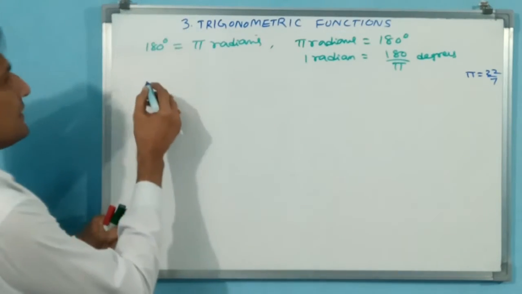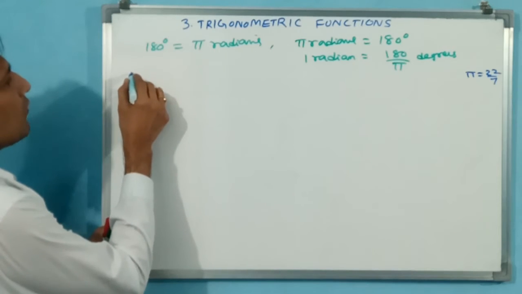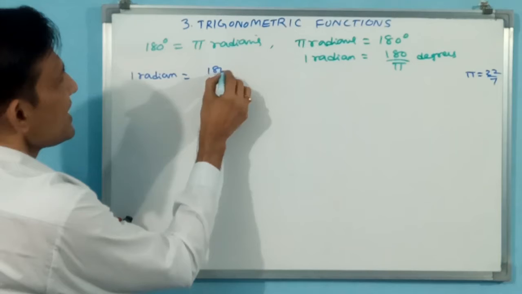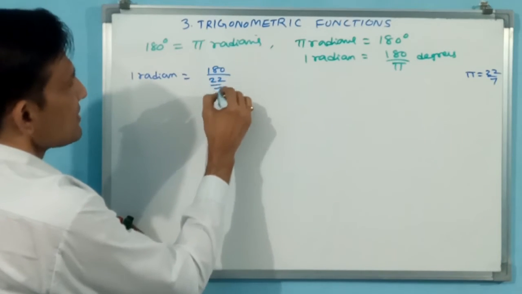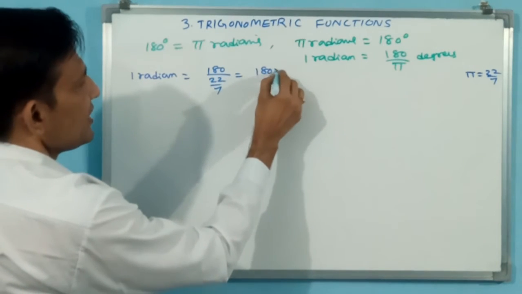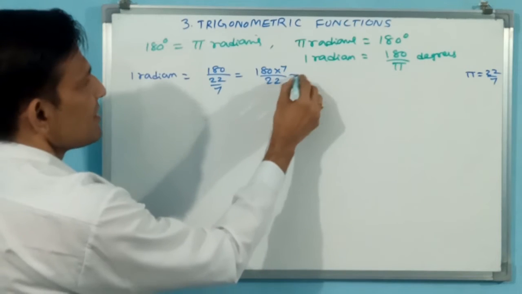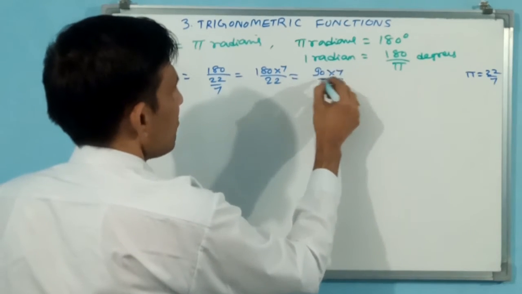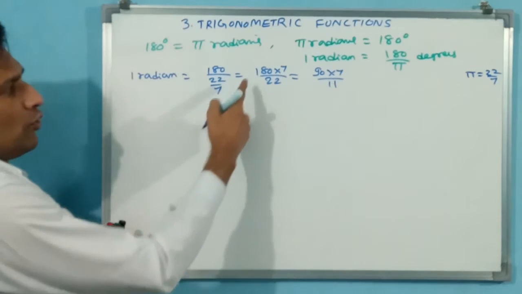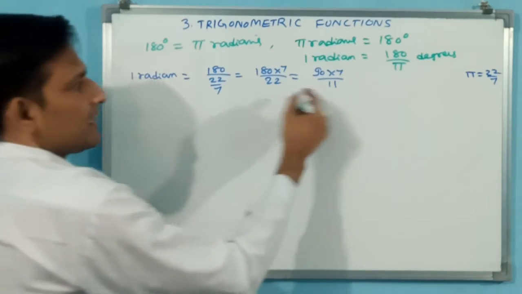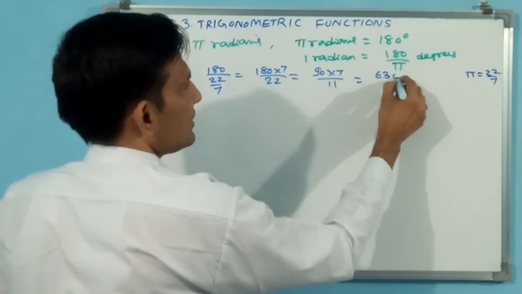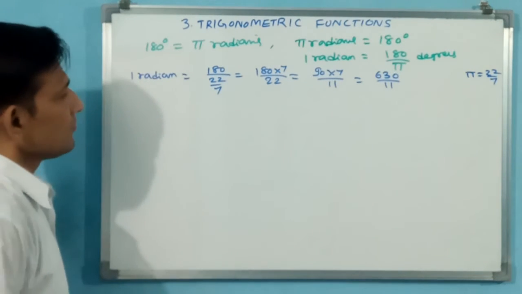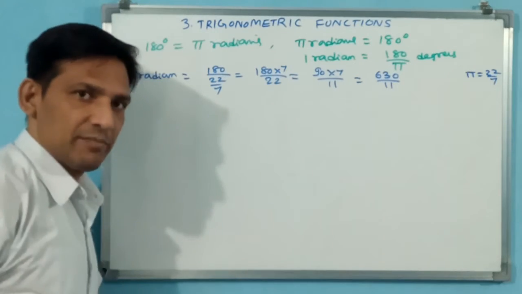Let us see. 1 radian is equal to 180 by 22 by 7. That is equal to 180 into 7 by 22. That is equal to, see, 90 into 7 by 11. 2 90s, 2 11s. Okay, that is equal to 630 by 11. This figure is going to come. 1 radian is equal to 630 by 11.